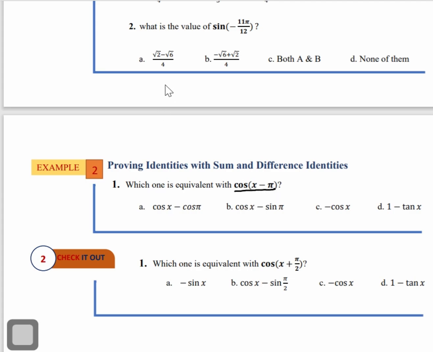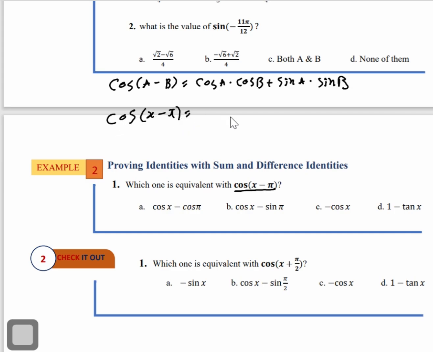So if you remember the rule of cosine, we have cosine A minus B. It will be cosine A multiplied by cosine B. We have minus, it will be plus sine A multiplied by sine B.